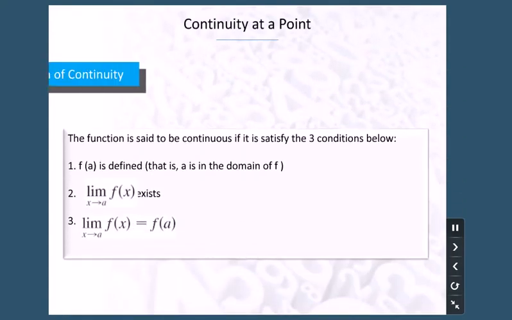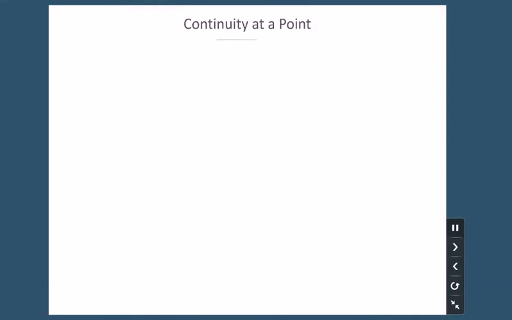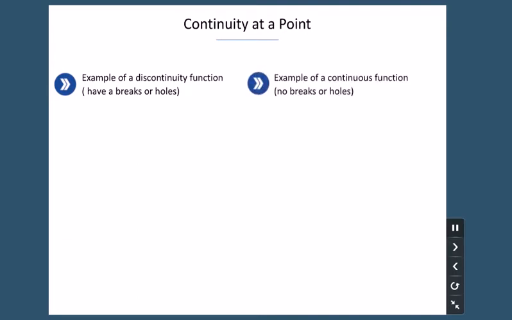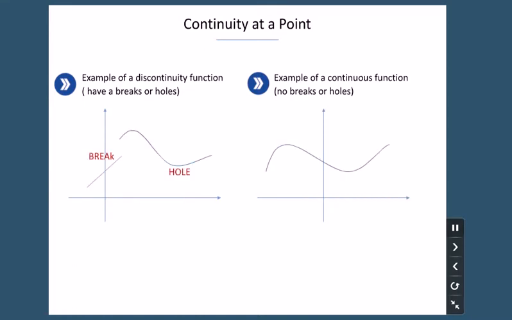Definition of continuity. The function is said to be continuous if it satisfies the three conditions below. Example of a discontinuous function: it has breaks or holes. Example of a continuous function: no breaks or holes.